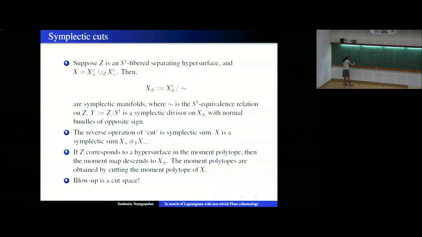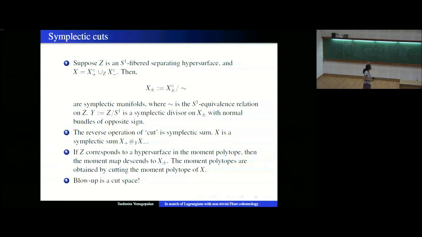So you can literally break a moment polytope into two parts, and those would be the moment polytopes of the spaces arising out of the symplectic cut. So if Z corresponds to a hypersurface in the moment polytope, then the moment map descends to the cut spaces X plus and X minus, and their moment polytopes are obtained by cutting the moment polytope of X.